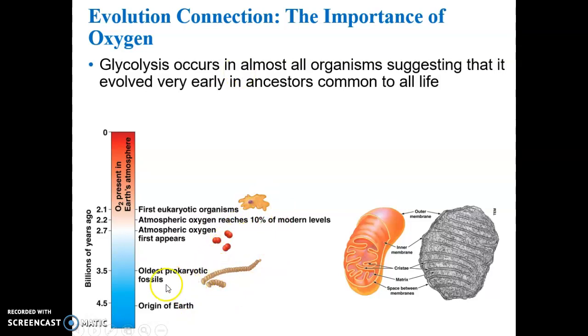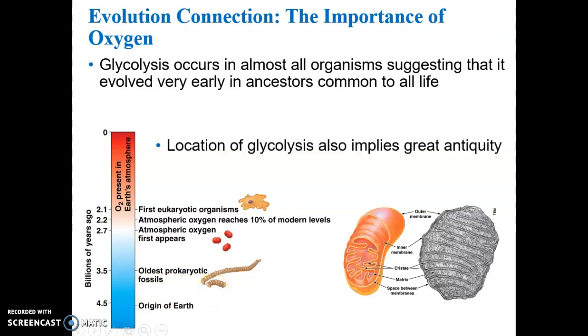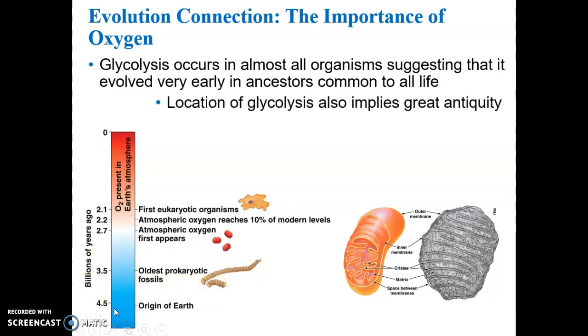That means it has a very ancient evolutionary appearance in our common ancestors, if we go way back in the evolutionary tree. And the location of glycolysis also leads to the fact that it is very old in terms of its evolutionary origins. If you remember, glycolysis occurs outside of the mitochondria, not inside the mitochondria.